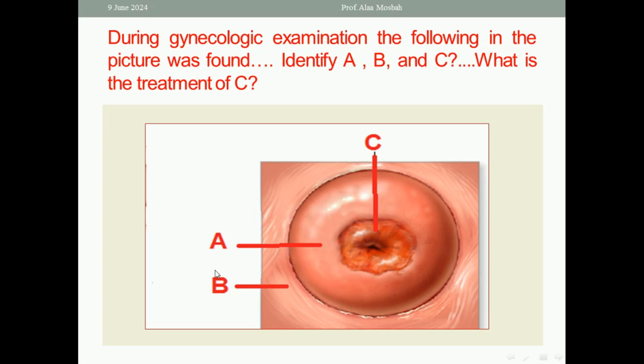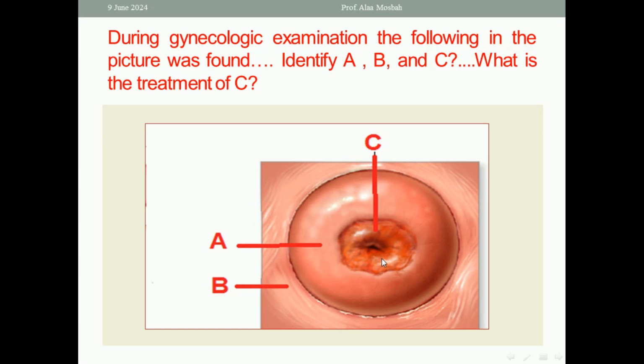So what is the treatment? Cauterization by diathermy electrocauterization, or cryotherapy, or laser therapy for this ectropion to replace this columnar glandular tissue by squamous epithelium. So damage of this one to replace it with squamous epithelium.